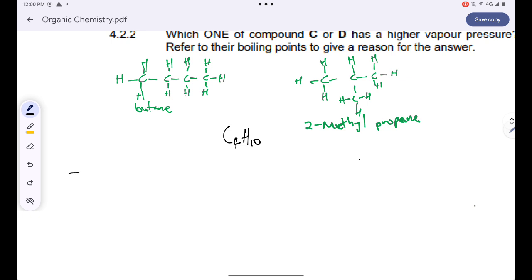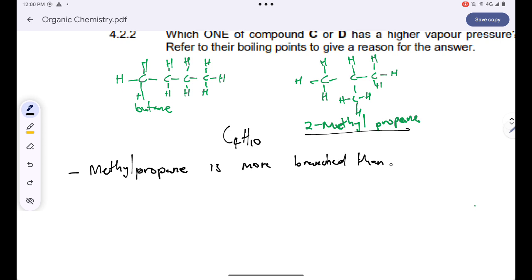Whenever you choose, we'll simply say that the isomer, or you can call it by its name, methylpropane, is more branched than butane.